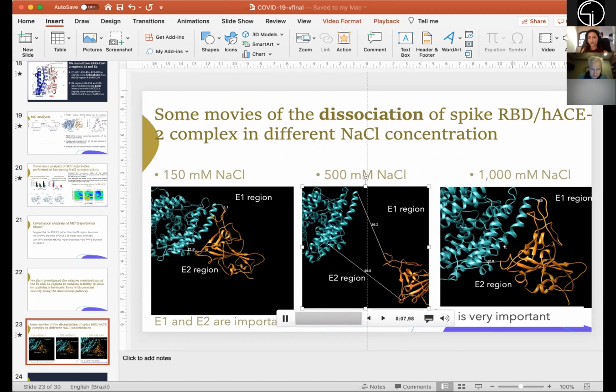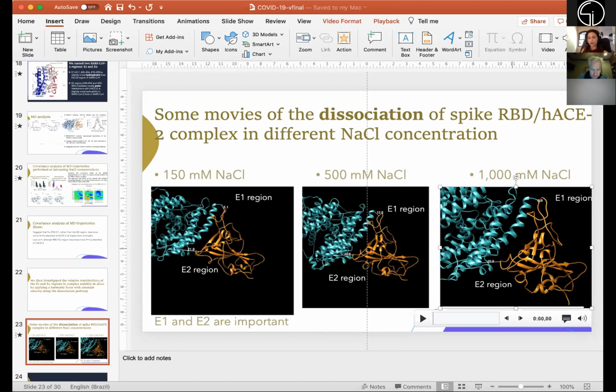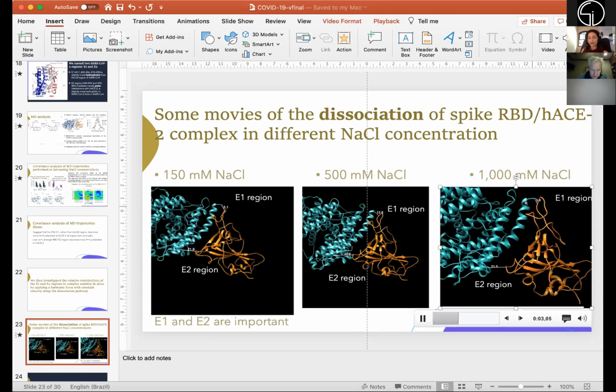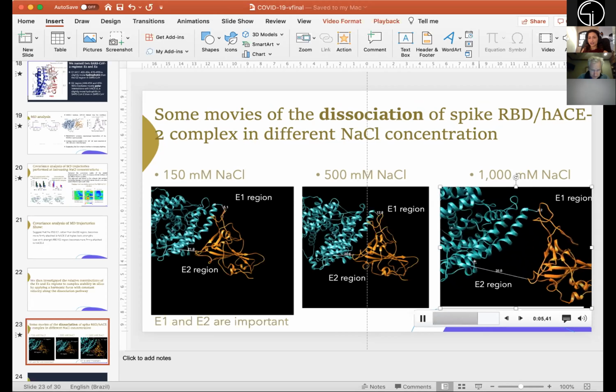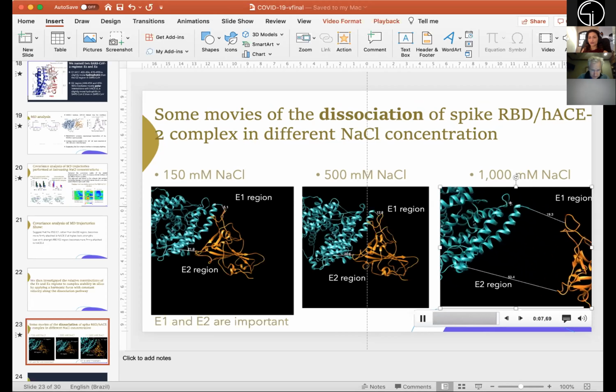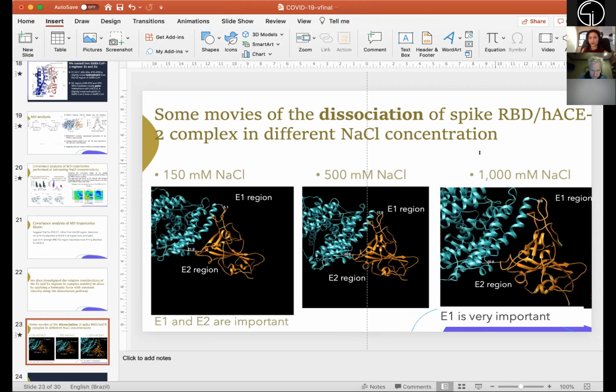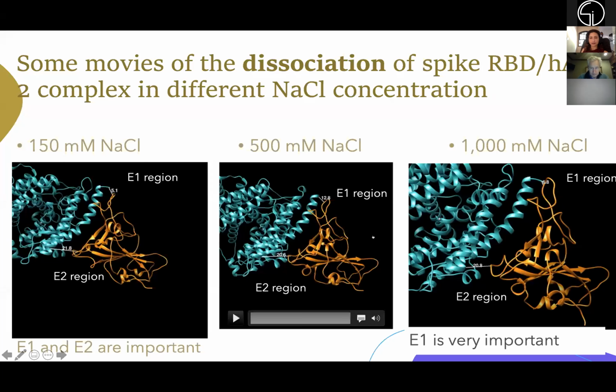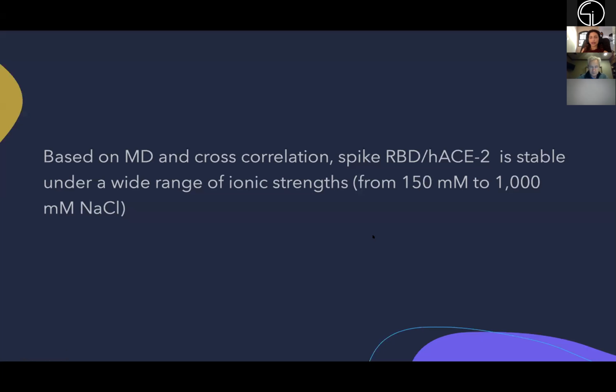But when you go to 1000 millimolar salt, E1 keeps tight, E2 opens, and it takes more time for E1 to disrupt, suggesting that E1 is like a hot spot in the interface between the human ACE2 and the spike protein. So this is a very important part of the protein interface to keep them both together.